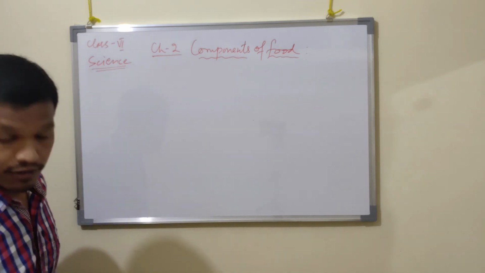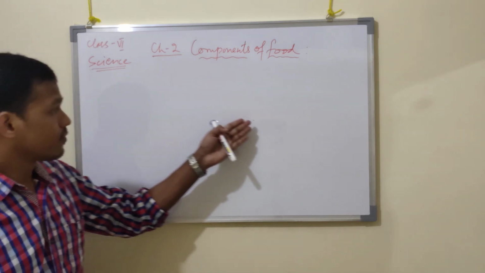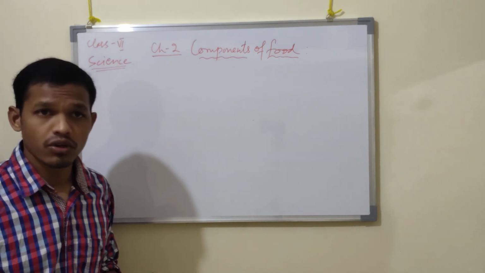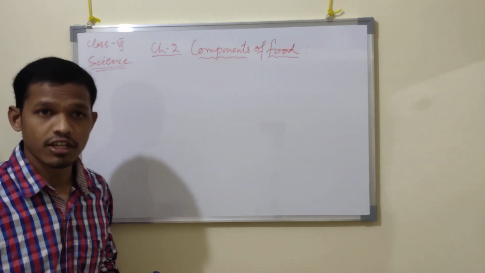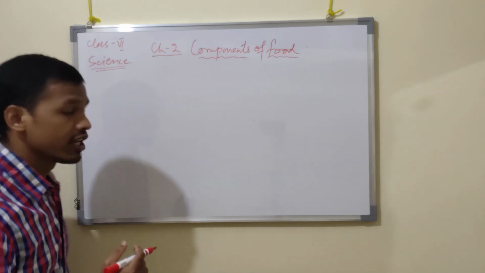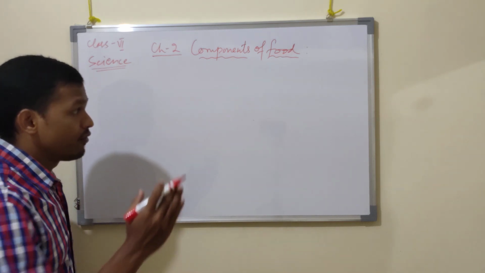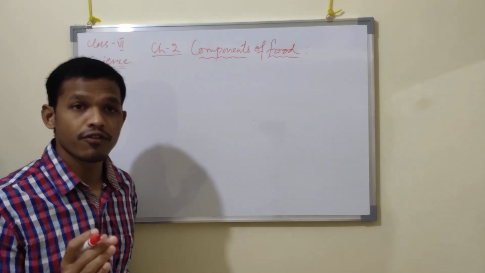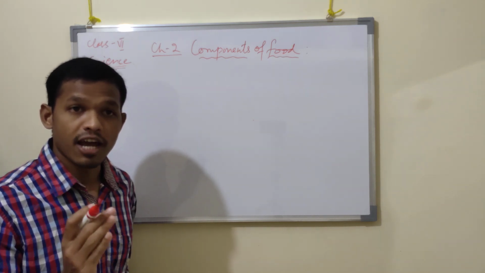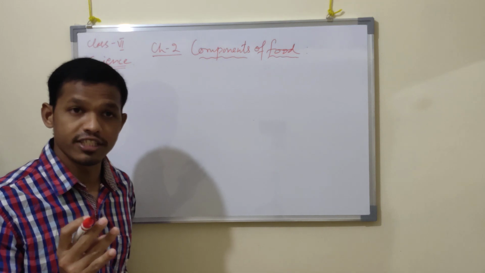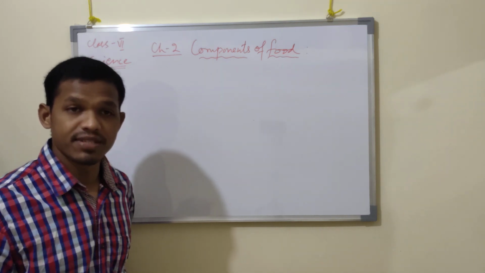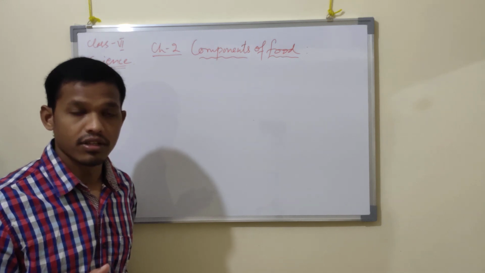First, before testing the food items, we require some materials and instruments to carry out this test. Carbohydrates, fats, and proteins are easier to test compared to vitamins, minerals, and water.